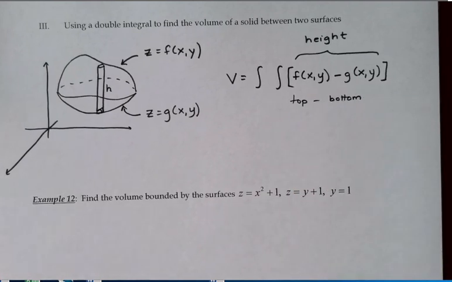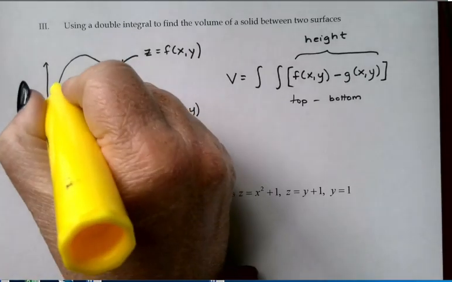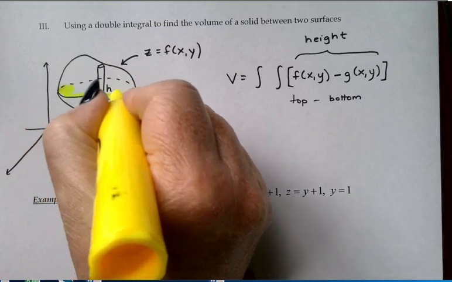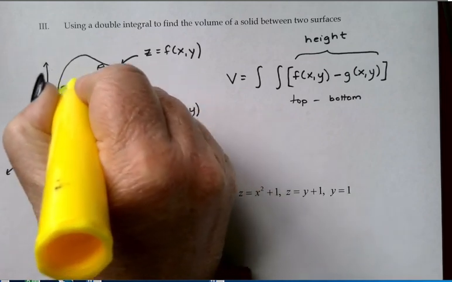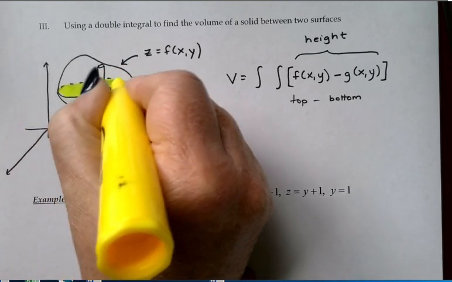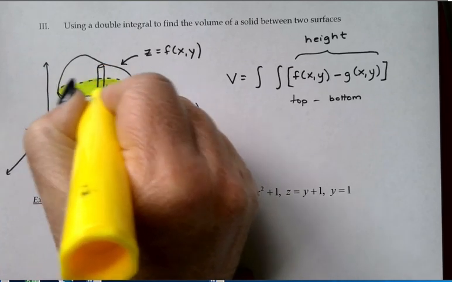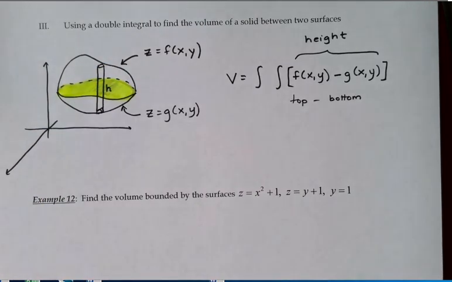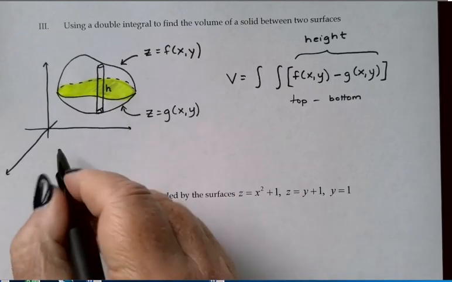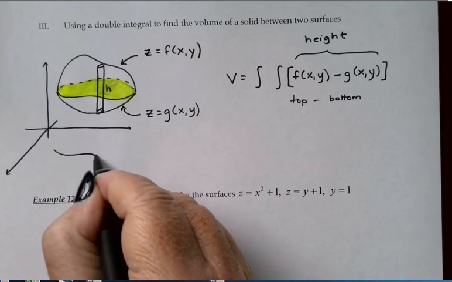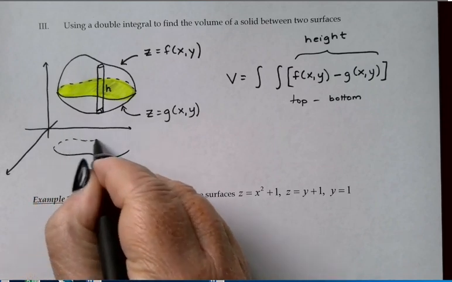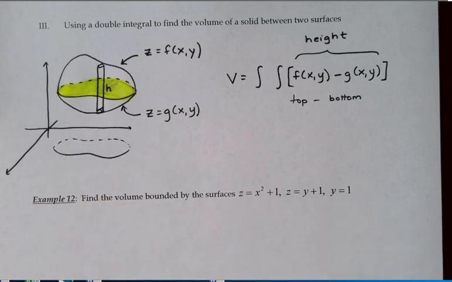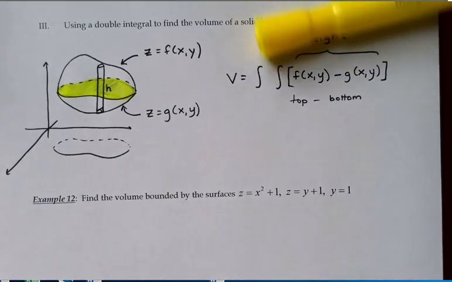Now, my limits of integration. To get the limits of integration, what I need to do is think about where these surfaces intersect. There's this region of intersection between the two surfaces. Imagine taking that region and projecting it down into the xy plane, kind of like so.